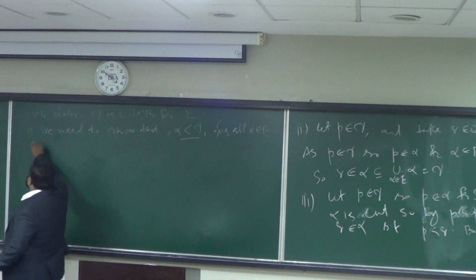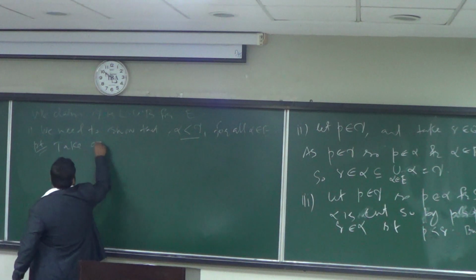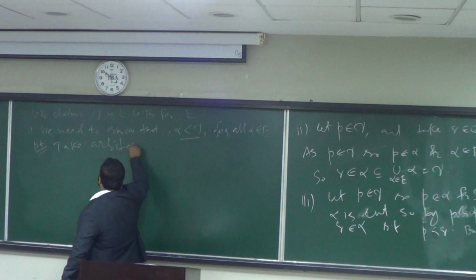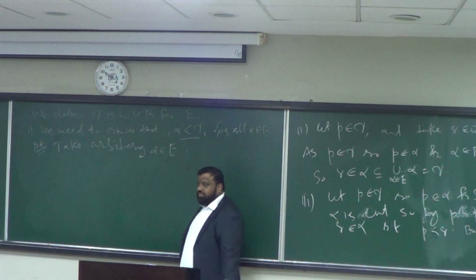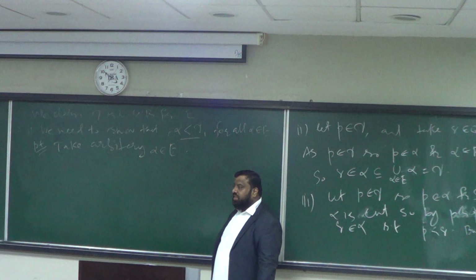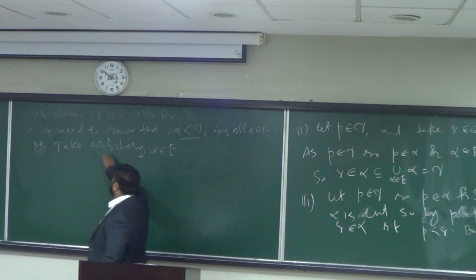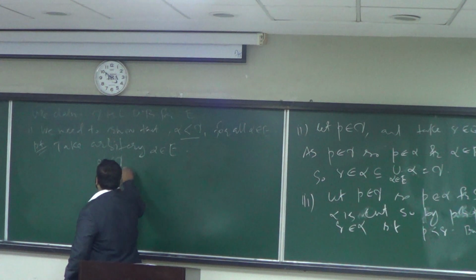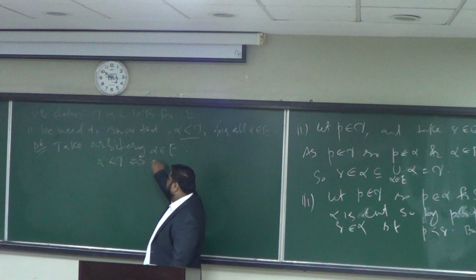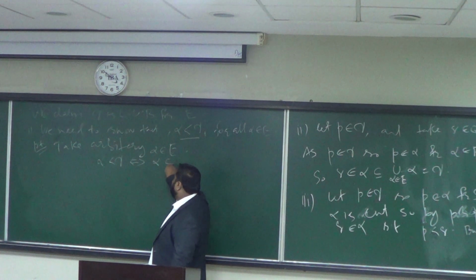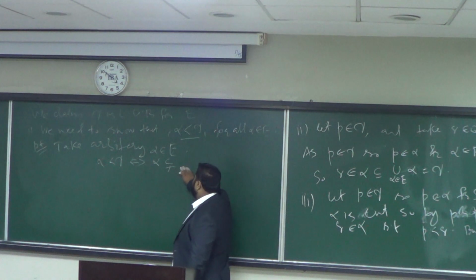So you're going to say, take an arbitrary alpha from E. Alpha is smaller than gamma. Now alpha is smaller than gamma if and only if alpha is properly contained in gamma.